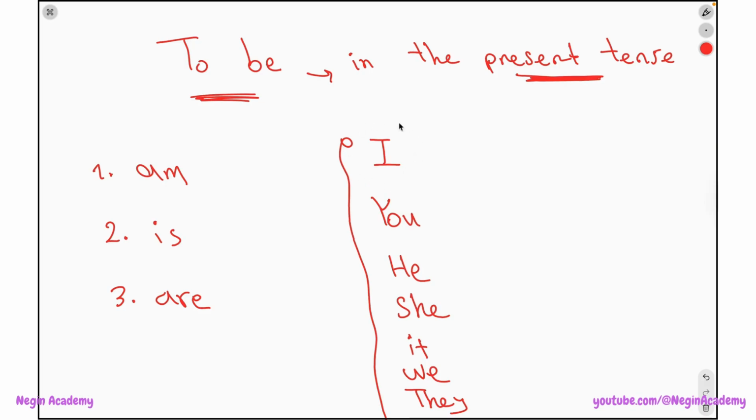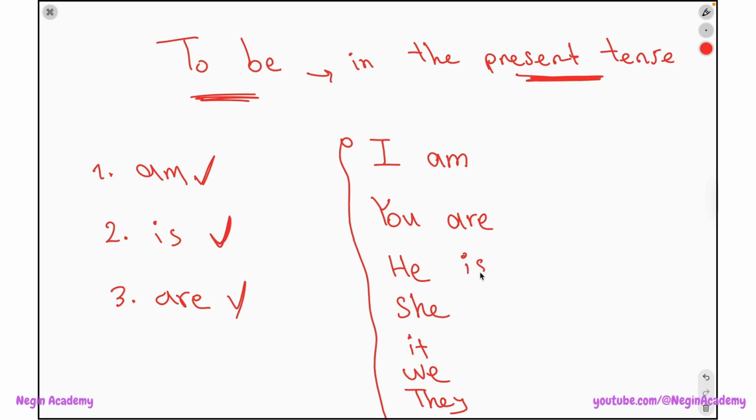Whenever we want to talk about I, which of these to be verbs can be used? Perfect. Am. So I have to say I am. For you, we have to say you are. And for he, we have to say is.